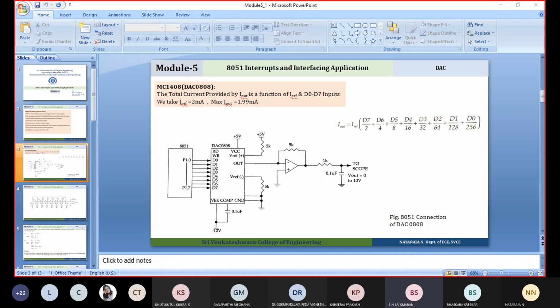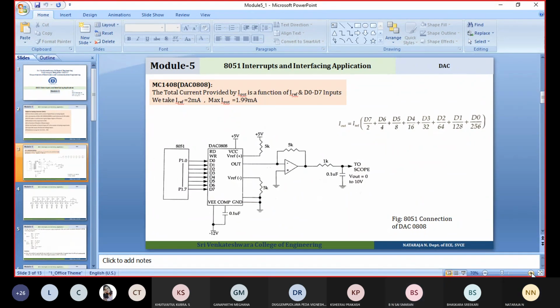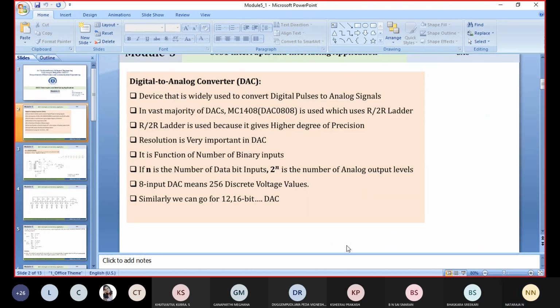Sir, please zoom in a little, sir. Yes, sir.